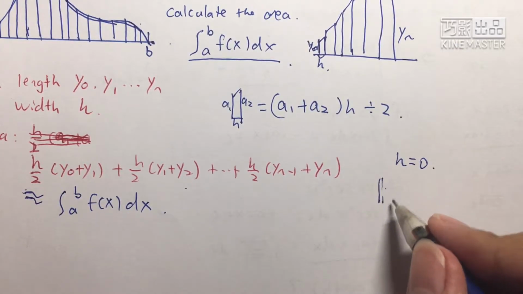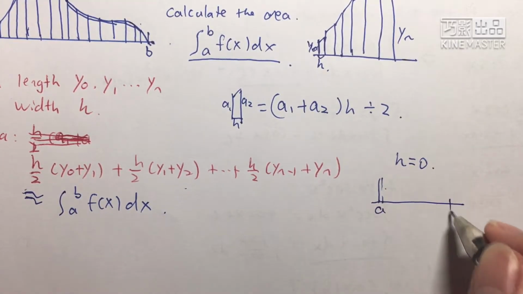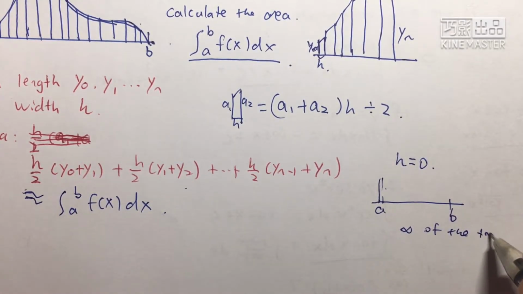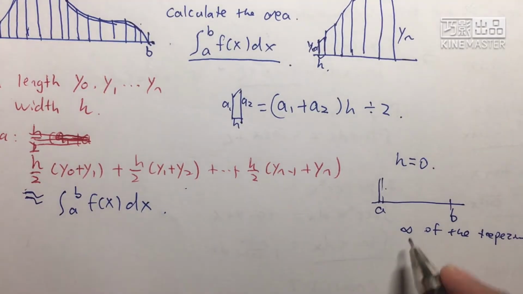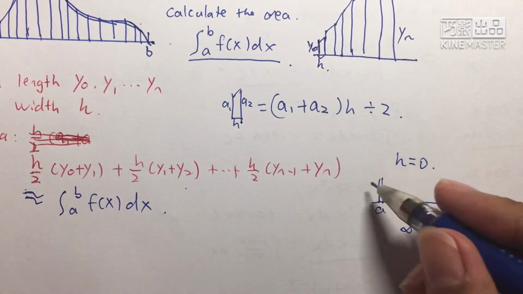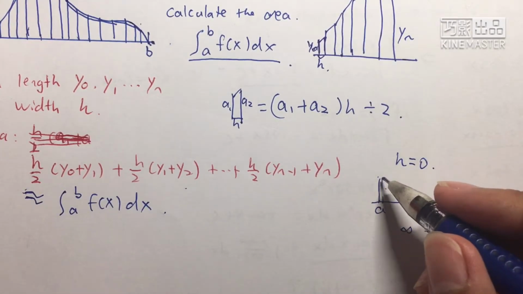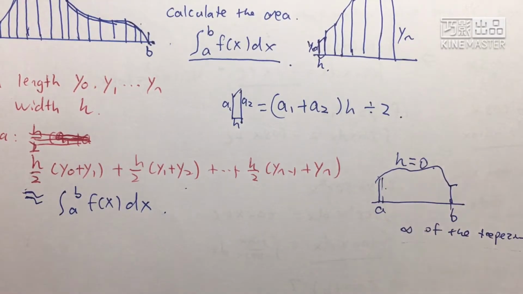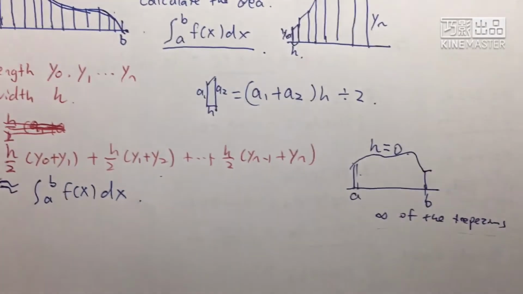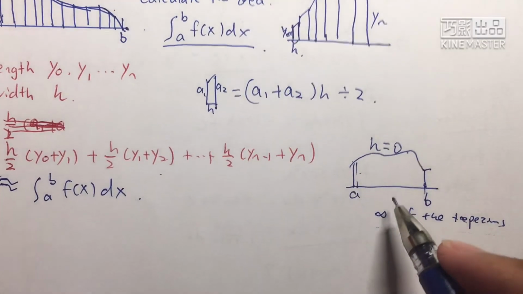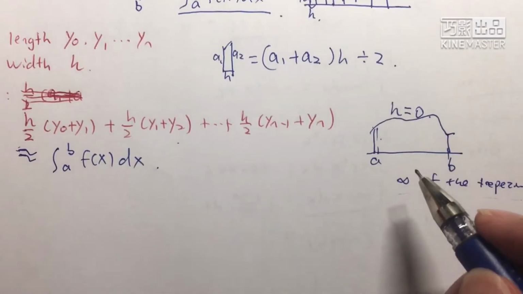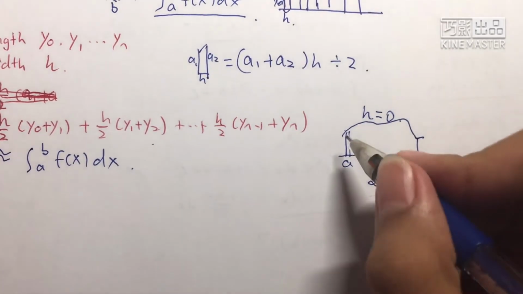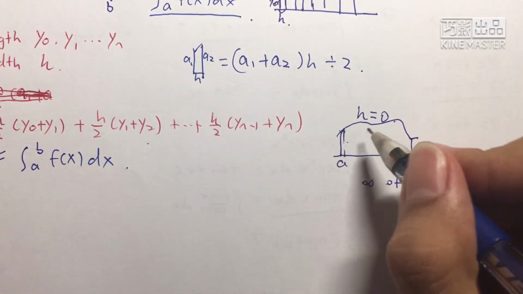So from a to b there are infinitely many trapeziums. Then the values will be accurate because there are no more spaces here.